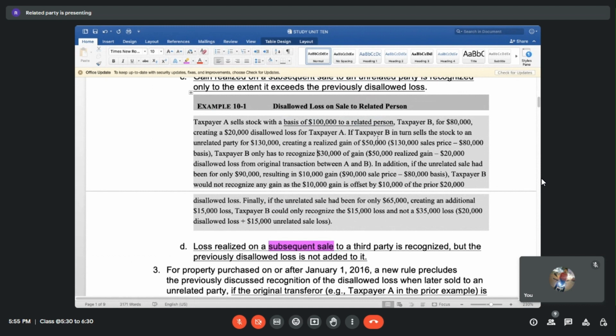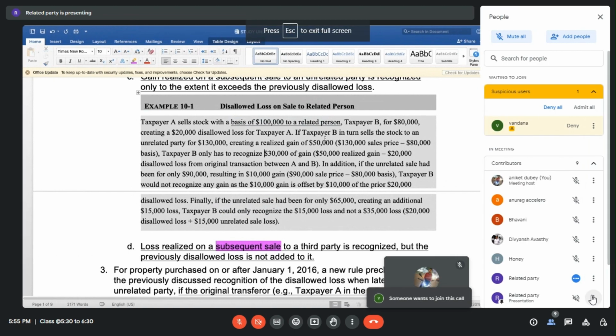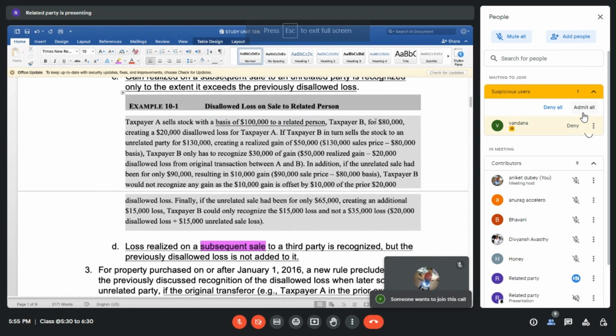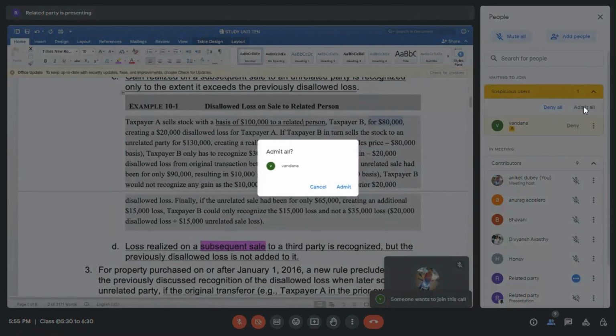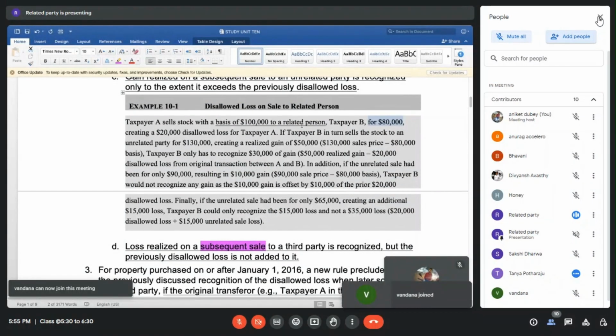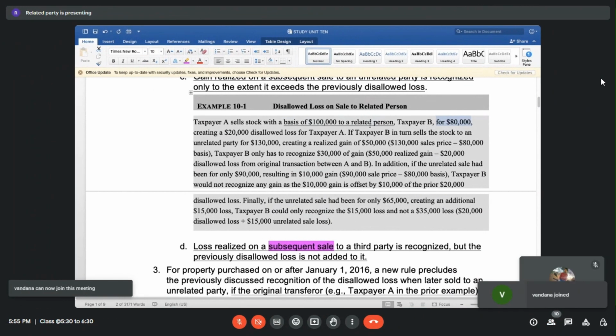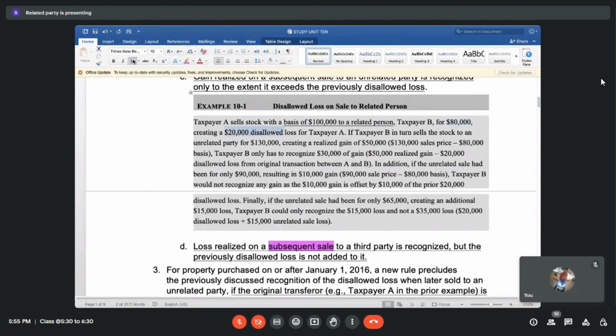A is having a basis of $100,000 in a certain asset. A is selling it to B for $80,000, and B is a related party. Write it in your notebook. B is a related party. So there is a loss of $20,000. It is disallowed. On this transaction, there is a disallowed loss.